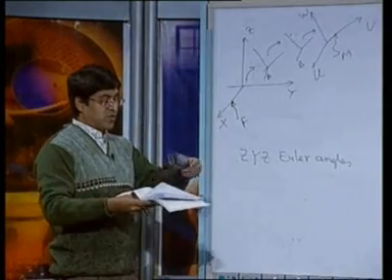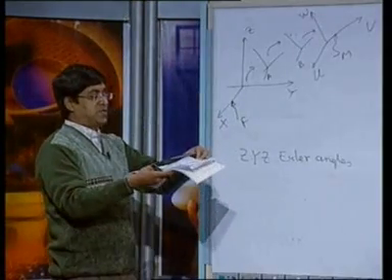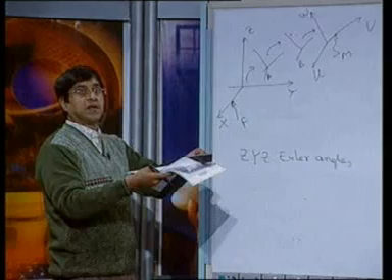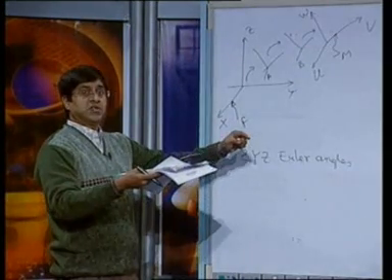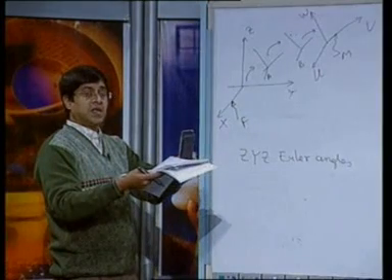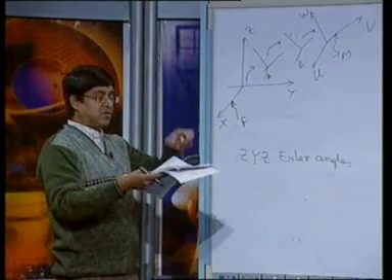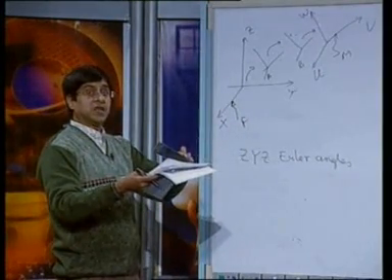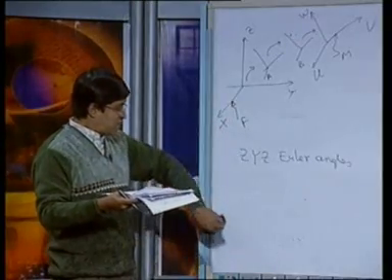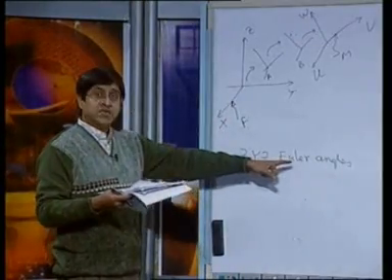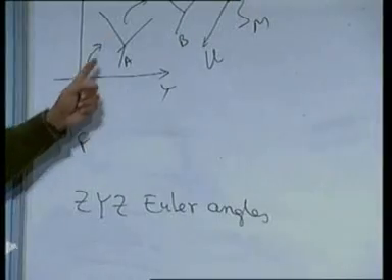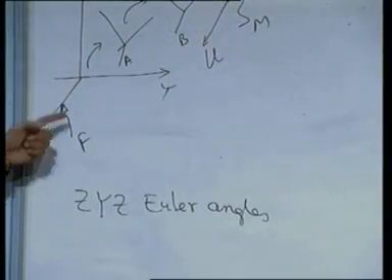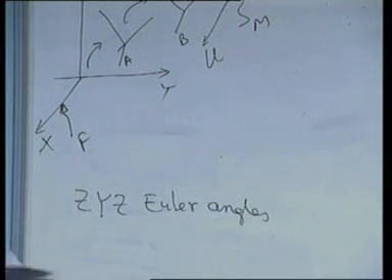So, first I rotate about z. Then my y has come in this direction, so I rotate about y and my z has now come here, and then I rotate about z. So, z, y, z rotations I perform to reach from one orientation to another orientation. So, this is called z, y, z orientation.